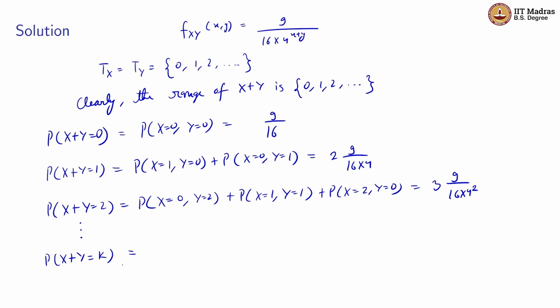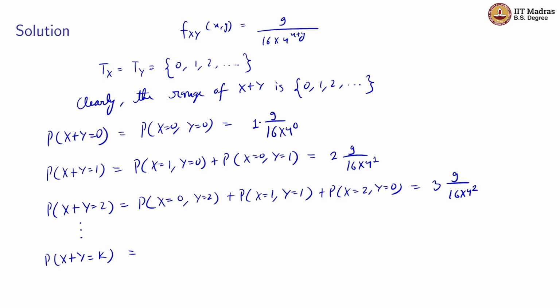So on observation we can see that when x plus y is equal to 0, we have 1 into 9 by 16 into 4 raised to the power 0, and when x plus y is equal to 1, the probability is 2 into 9 by 16 into 4 raised to the power 1, and when x plus y is equal to 2, we have 3 into 9 by 16 into 4 raised to the power 2 here.